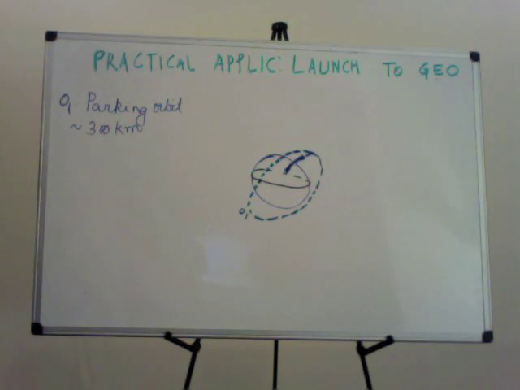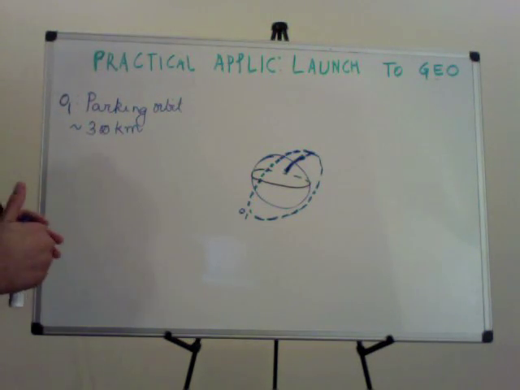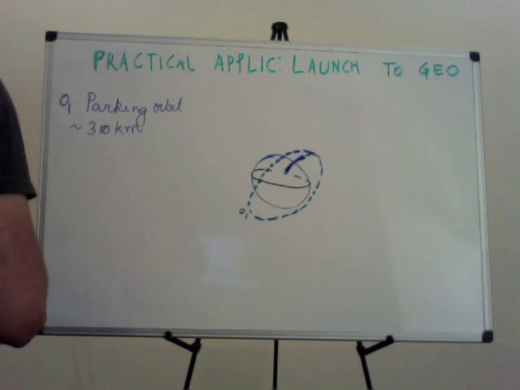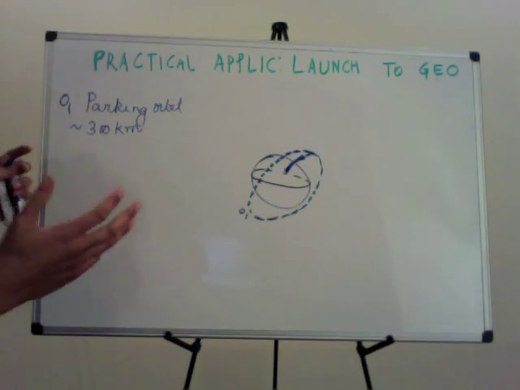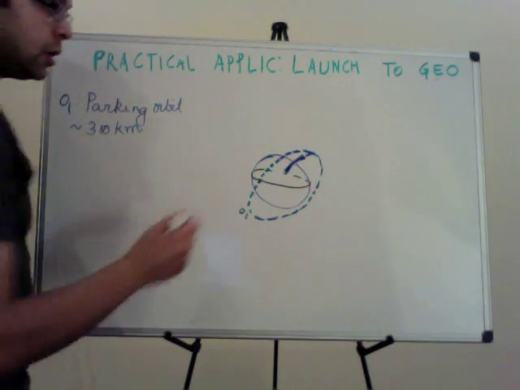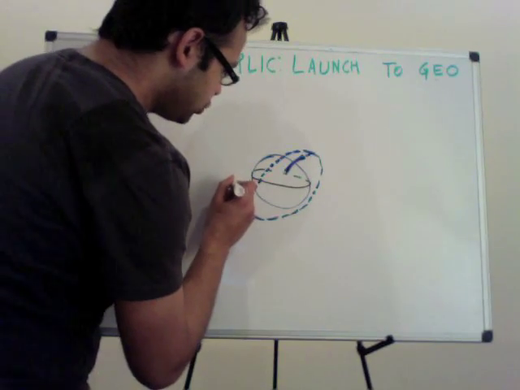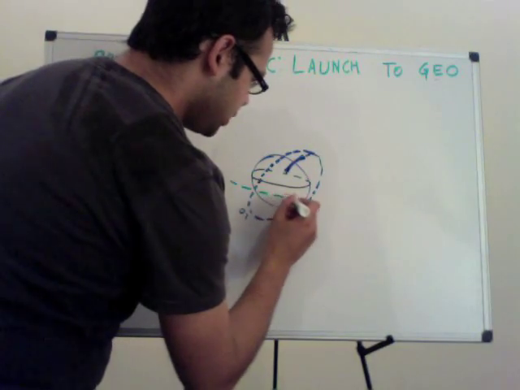Before I talk any further about what the next steps are, I'm going to show you the overall picture of what happens. There are many ways in which you can take the spacecraft from the parking orbit to the final geostationary equatorial orbit. The first method I will show you is we go from O1 to another orbit, O2, shown here in green.